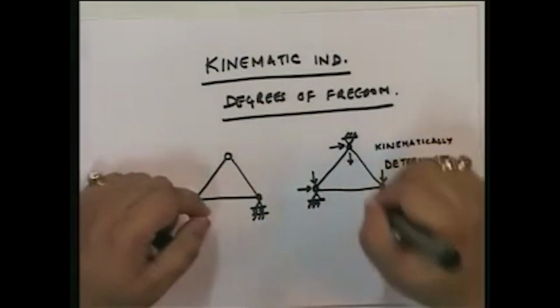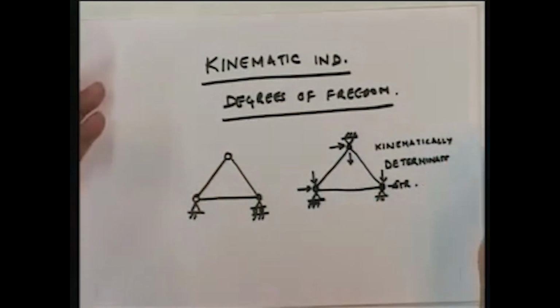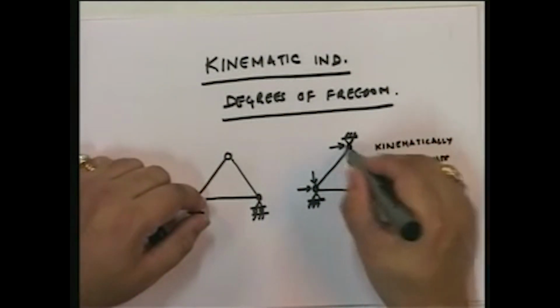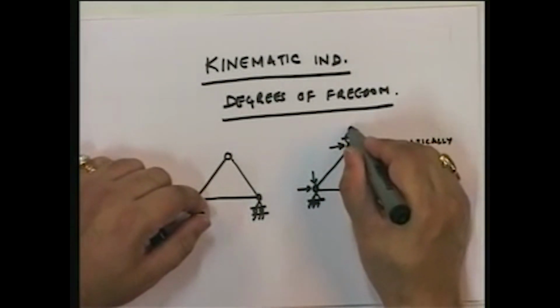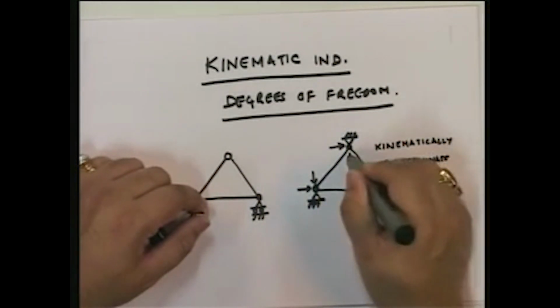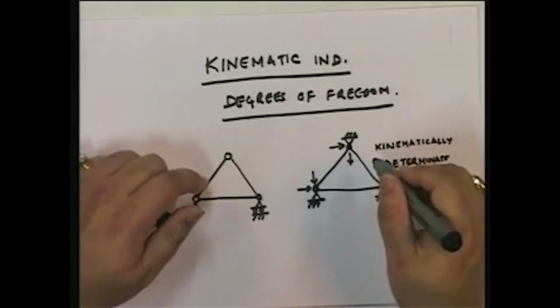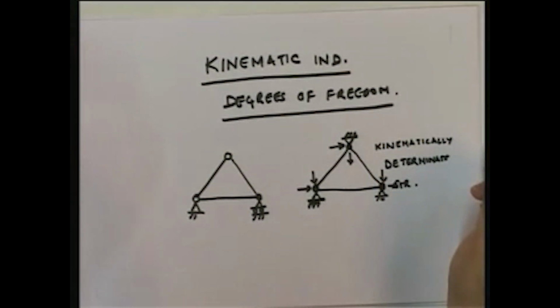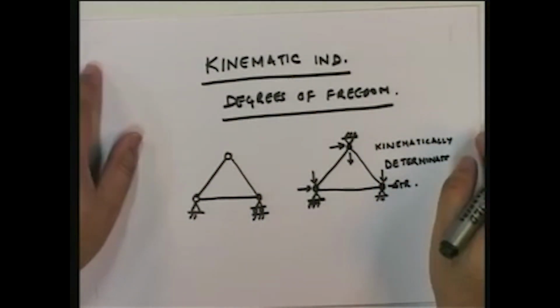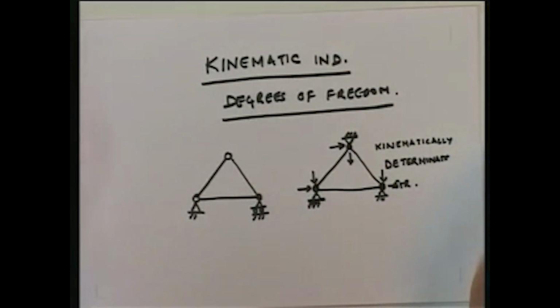What would be the displaced shape under these loads? Remember, nothing. Under these loads, all these loads would get directly transferred to the supports, and the structure will not be subjected to any stress. So therefore there is going to be zero strain, and since there is going to be zero strain, there is going to be no displacement.